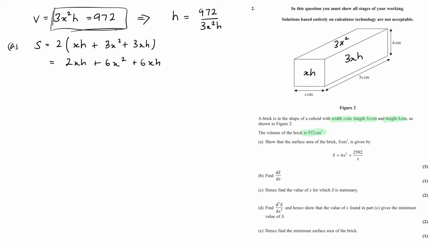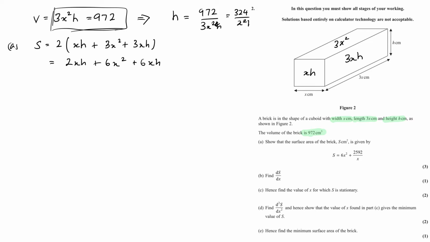Now 972, looking at the digits, they total 18, so it should be divisible by 3, and it is, so 324. So that is 324 over x squared.